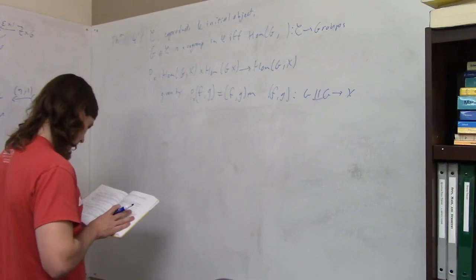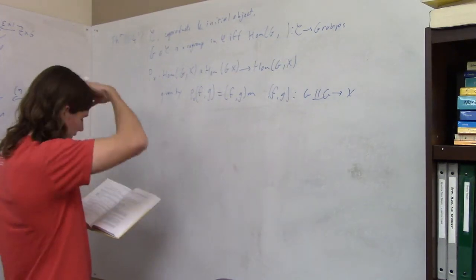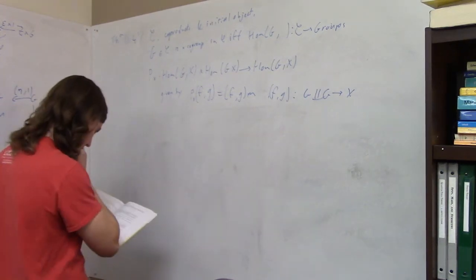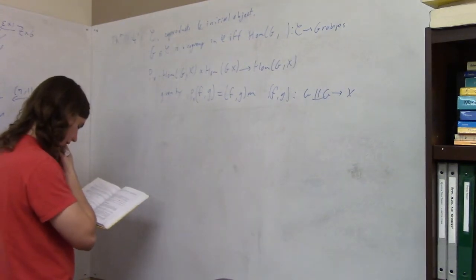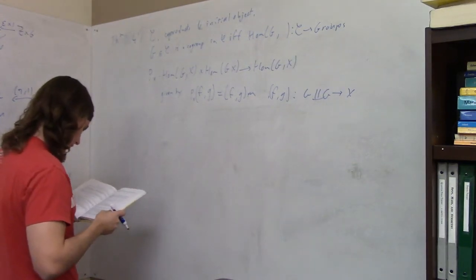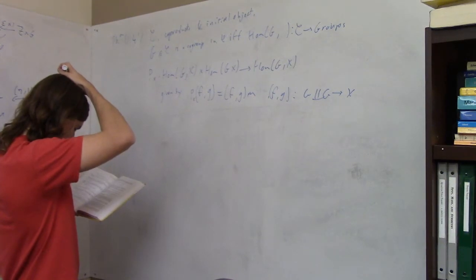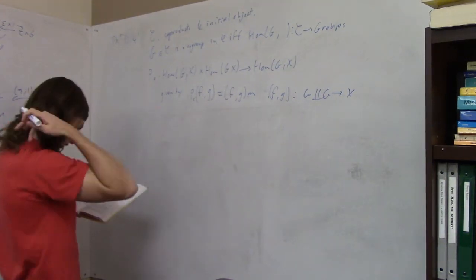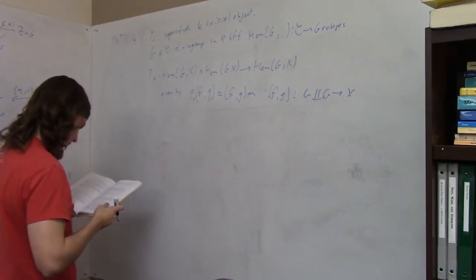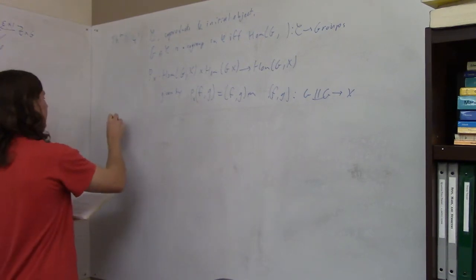Alright, now we get to loop spaces and suspension, which is pretty useful for this one. So if we're considering the homotopy category of pointed spaces, H top star, we have this lemma.